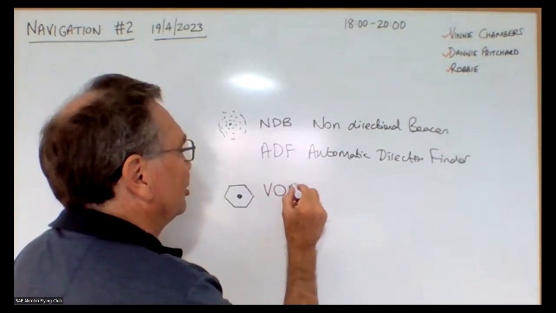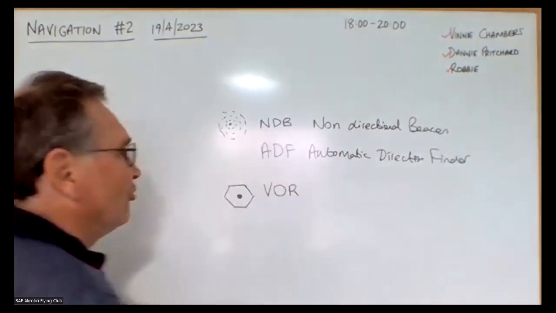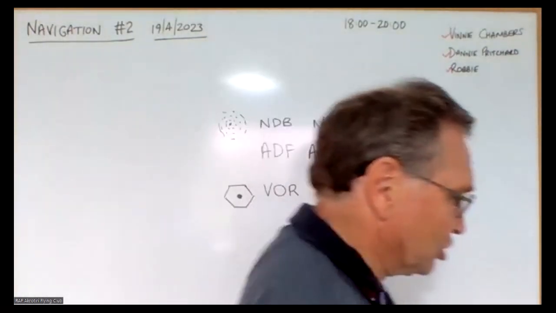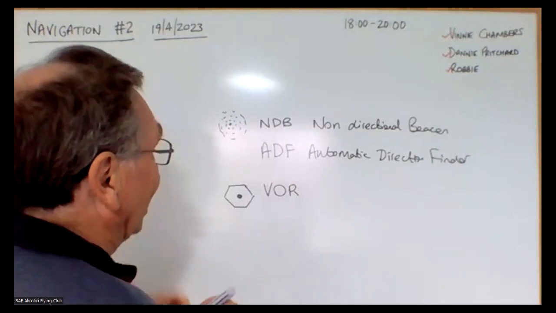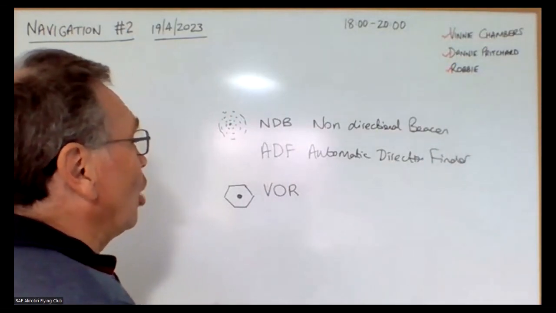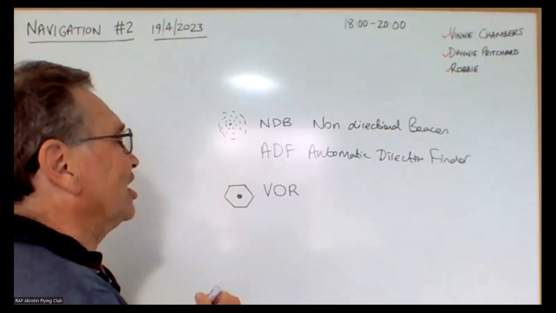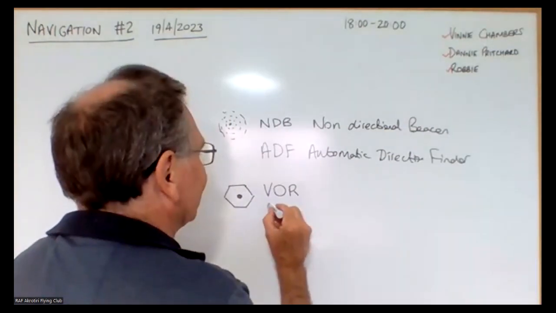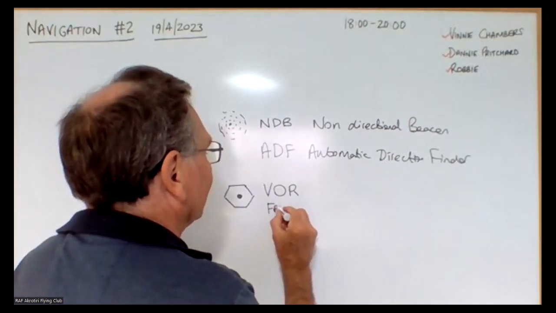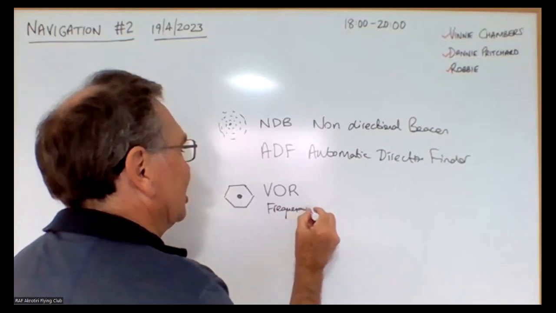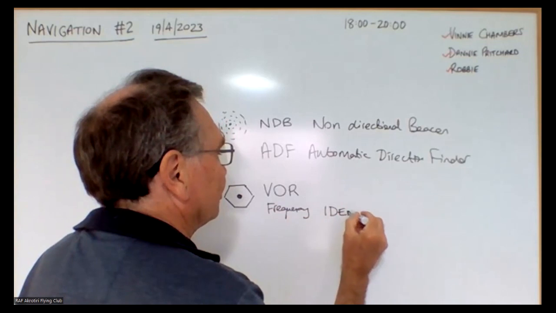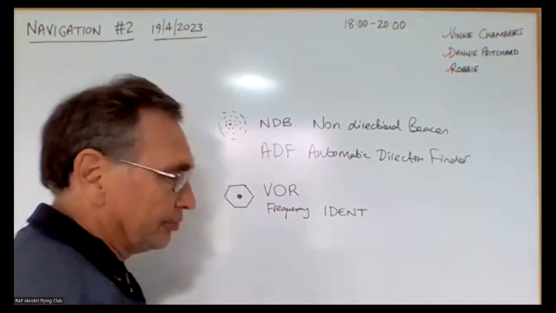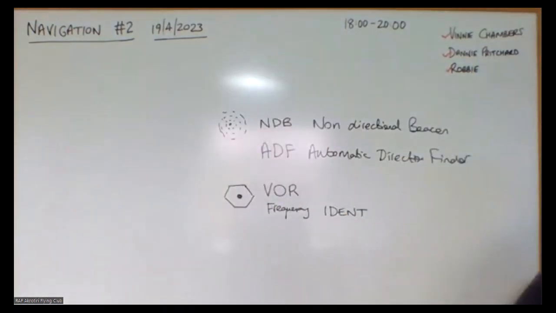VOR, VHF omnidirectional radio system, and the VOR is a very similar thing to an NDB. It has a frequency next to it on the chart, and it has what's called its ident.